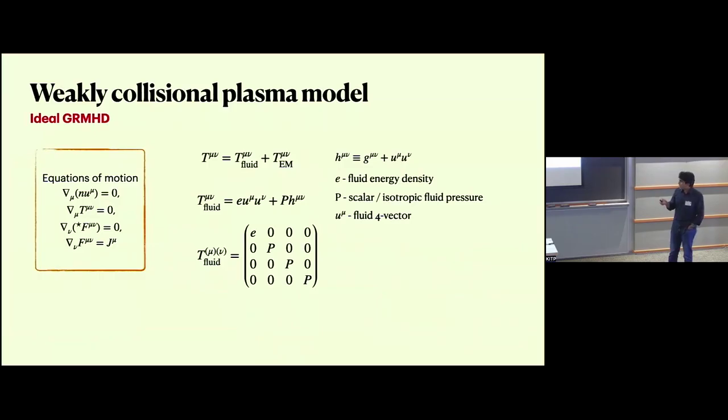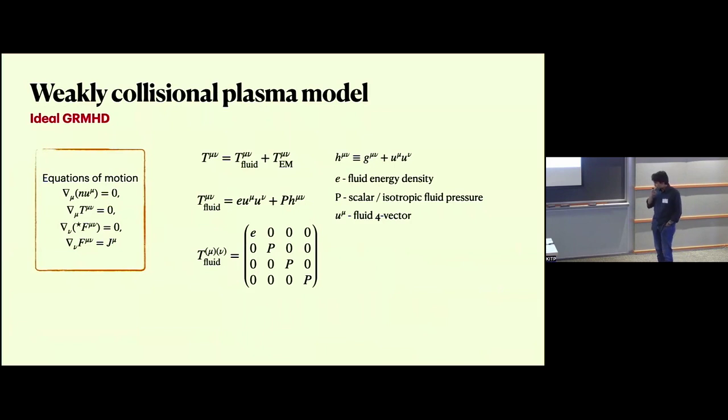So just a quick recap about what ideal GRMHD is. It's a fluid model. It solves these equations of motion. So you have the conservation of particle number density, conservation of energy momentum, and then Maxwell's equations.